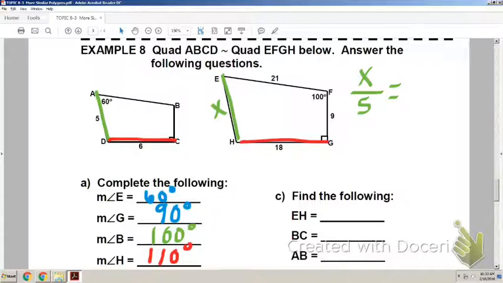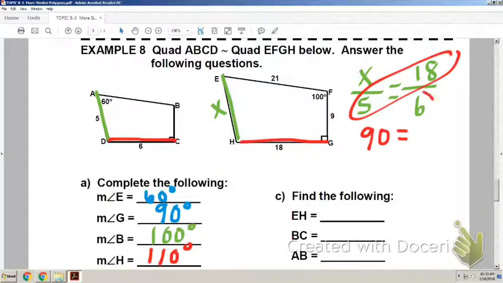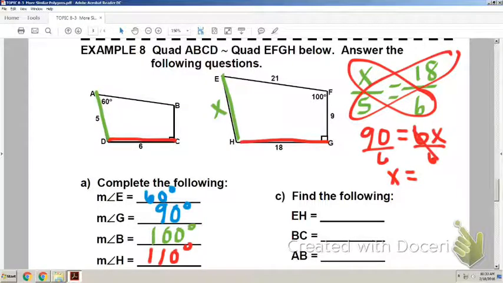So I'll set that equal to 18 over 6. Now I'll cross multiply. 18 times 5 is 90. So 90 equals 6x. Divide by 6. x equals 15, which is EH. So we just found that side.